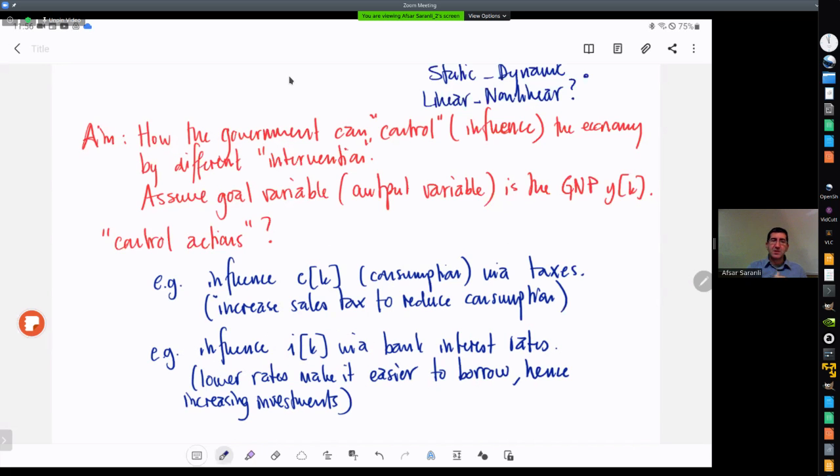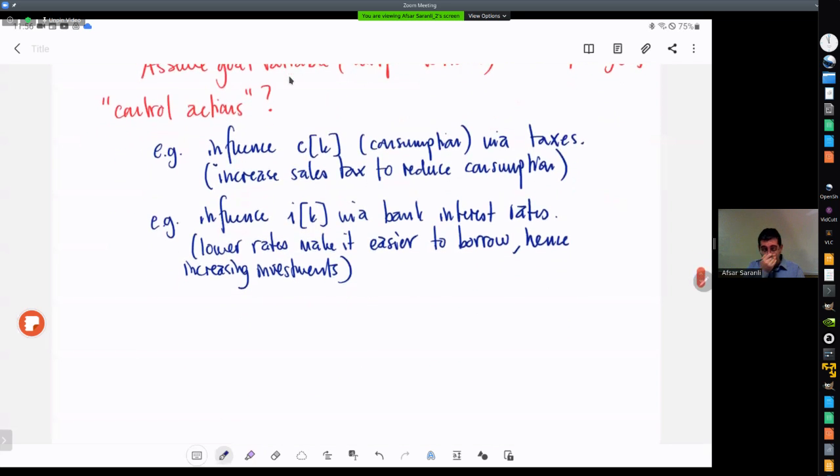Sorry, I confused I of k with savings in my previous comment. So higher interest rates from the banks increase savings, but lower interest rates from the banks make it easier to borrow, hence increase the investments from the companies.